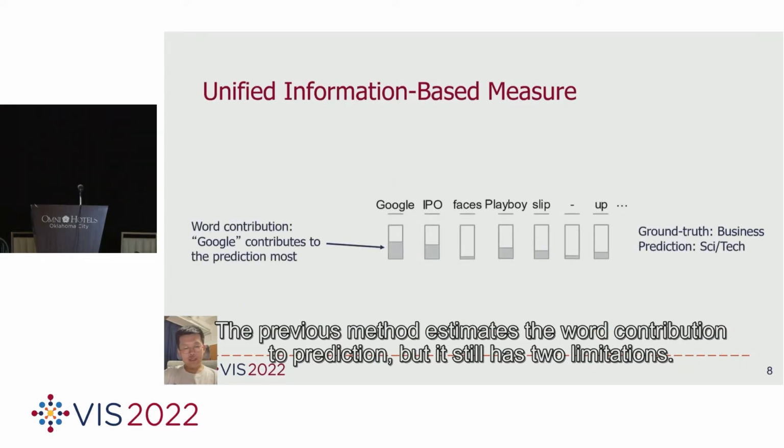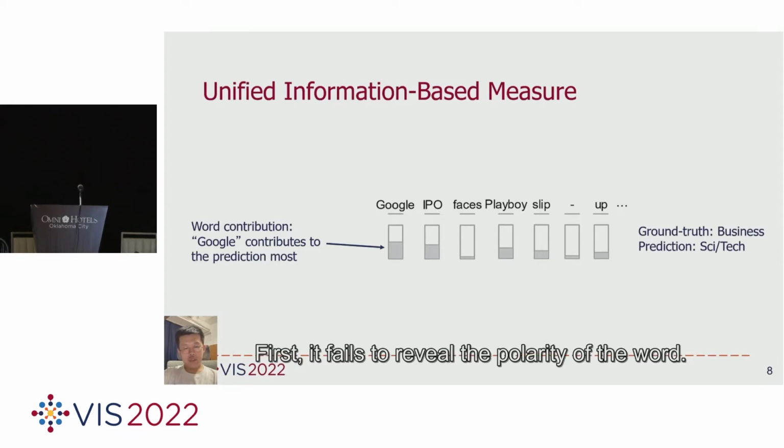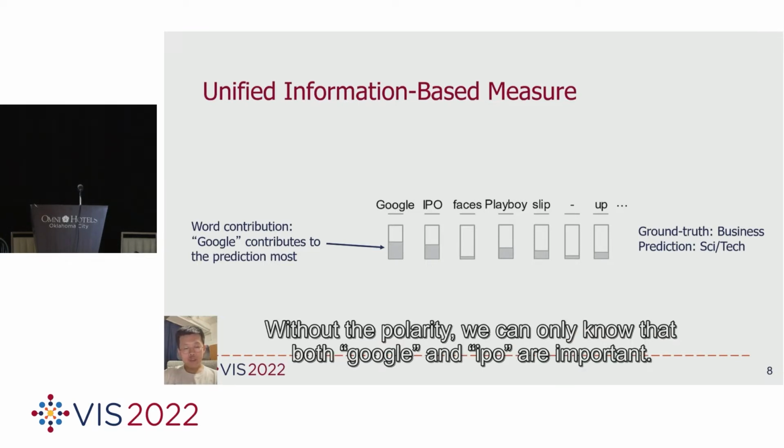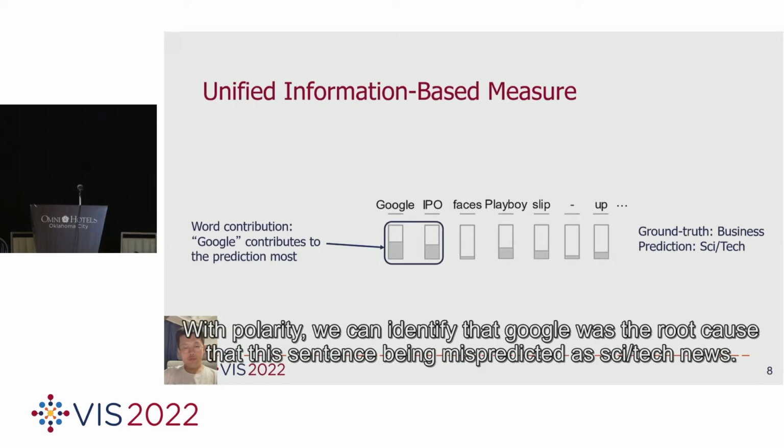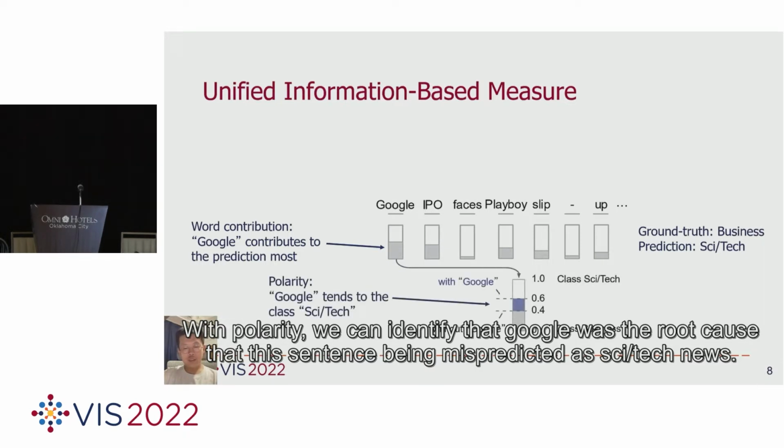The previous method estimates the word contribution to prediction, but it still has two limitations. First, it fails to reveal the polarity of the word. Without the polarity, we can only know that both Google and IPO are important. With polarity, we can identify that Google was the root cause that this sentence been mispredicted as science or tech news.